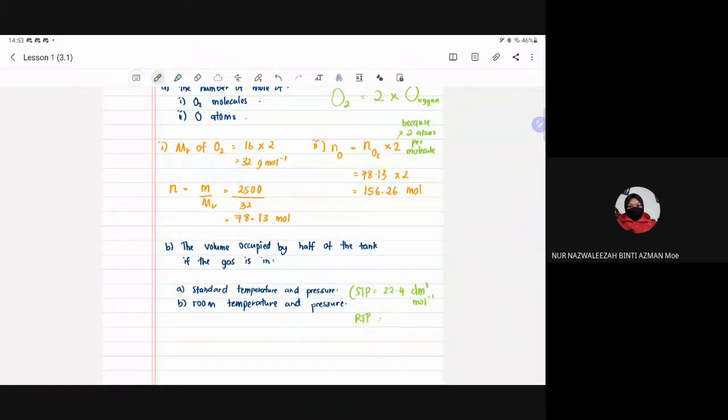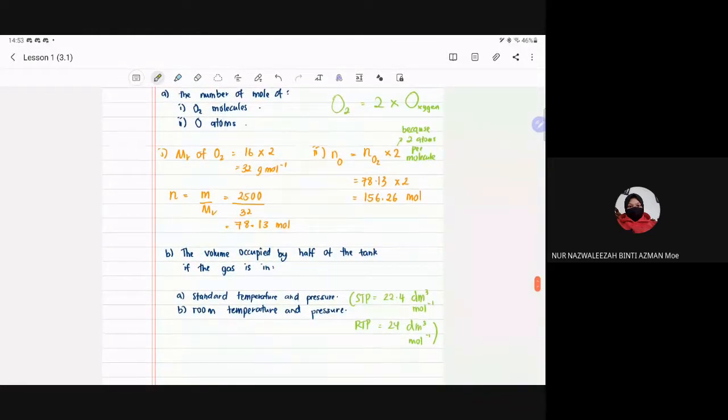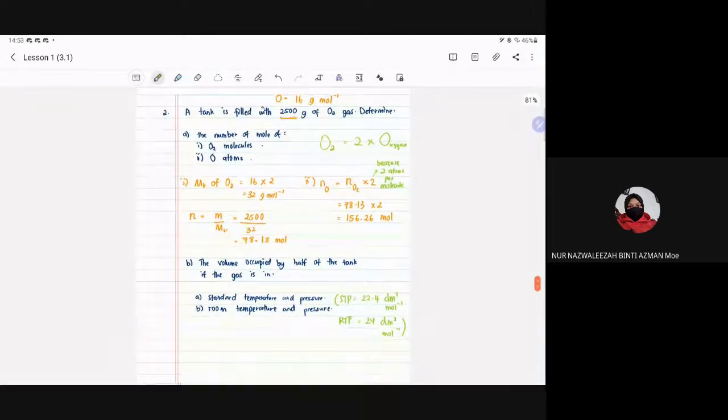RTP pula 24 dm cube per mole. Okay. So try to answer this now. And just remember, baca betul-betul soalan dia. So saya zoom out, boleh nampak tak? Boleh baca? Boleh. Okay, alright.